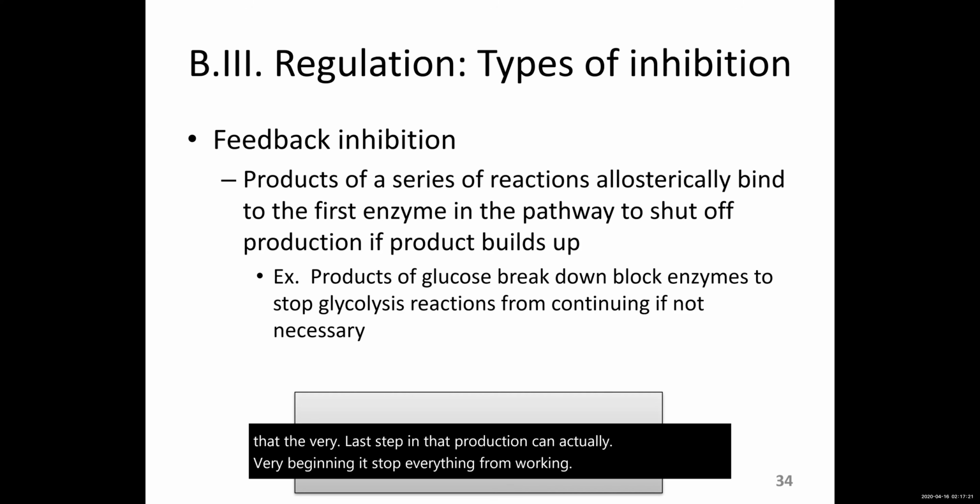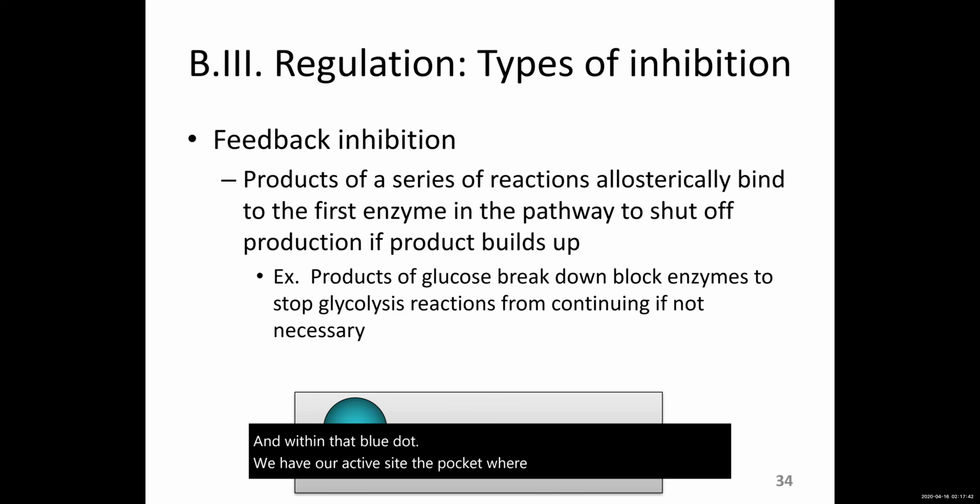So here, let me give you an example. Let's pretend that little blue dot is an enzyme, and within that blue dot we have our active site, the pocket where everything works.